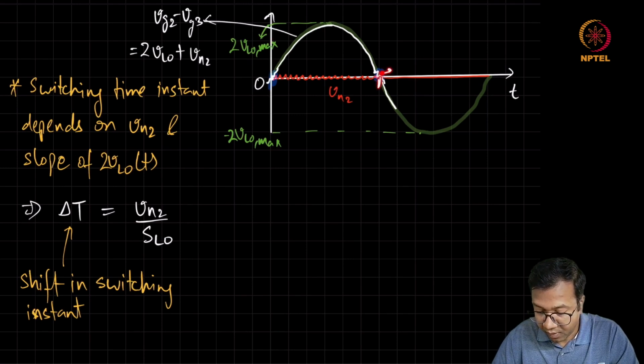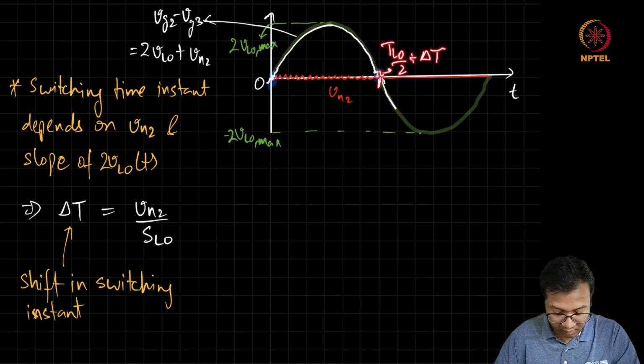Now it is going to be TLO by 2 plus some delta T.